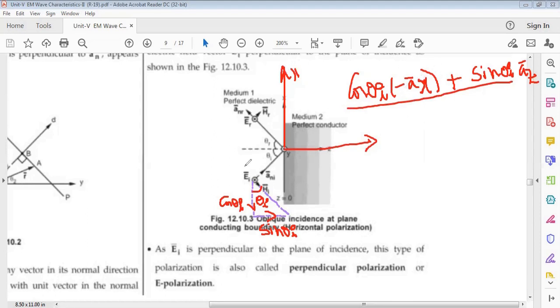Why is it a minus AX bar? It is opposite to the direction of the X, which is positive, so it is negative, and it travels in the negative direction. Sin theta I travels in the positive Z direction, so sin theta into AZ bar. So without doing the cross product, directly by using the right angle triangle, we already find the ANI bar.